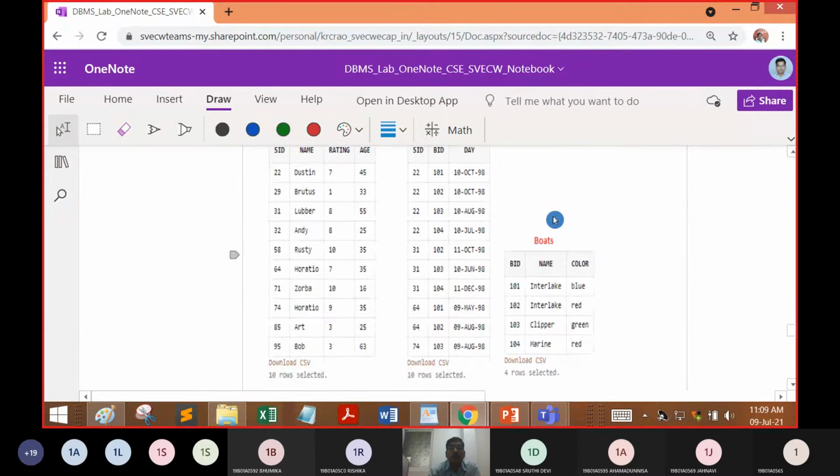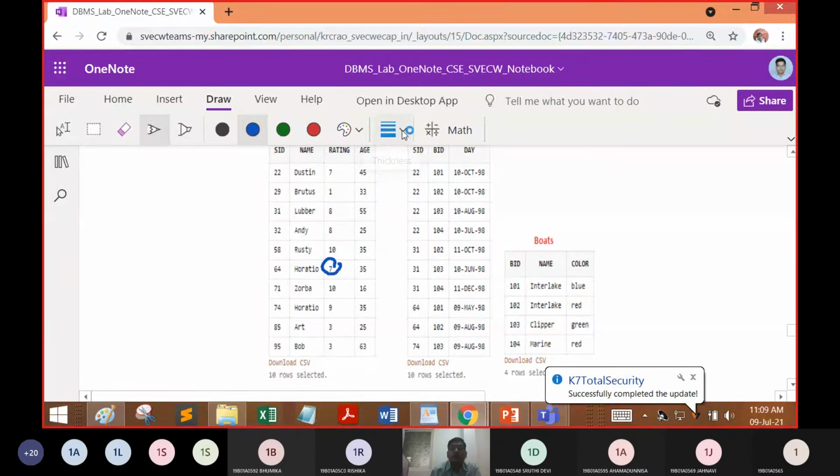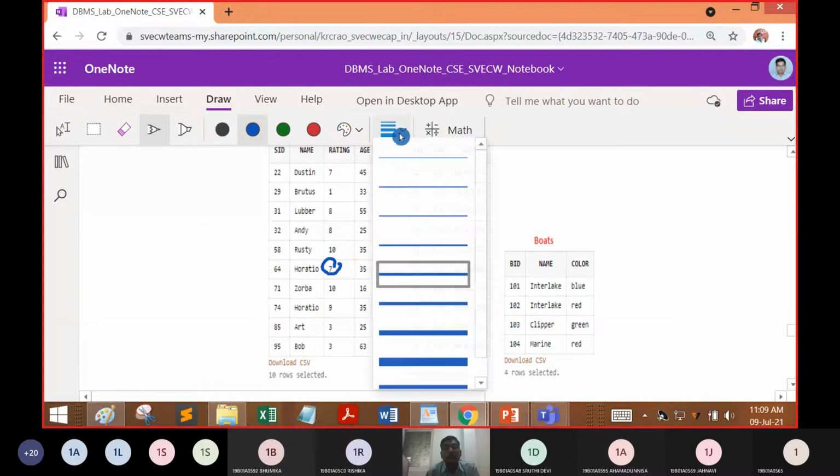So in this example, Horatio rating was 7 here. Horatio rating was given as 7. Now whoever is greater than 7 at the first instance are taken up. So whoever is greater than Horatio at the first instance is taken up.